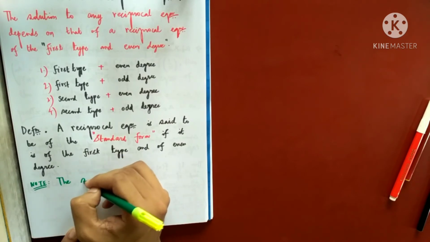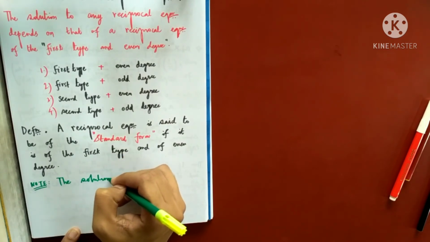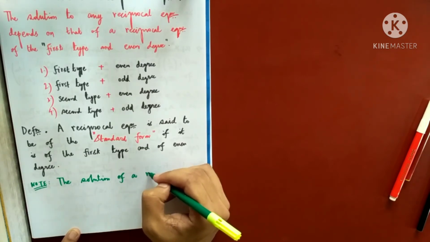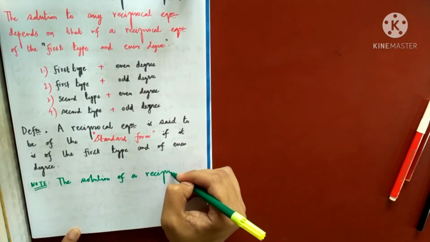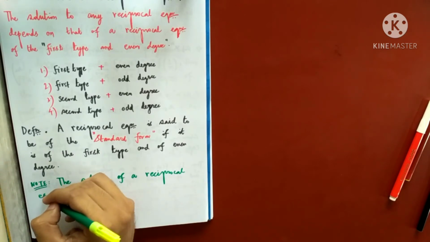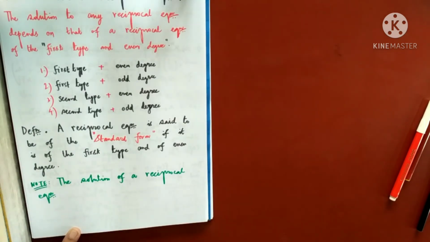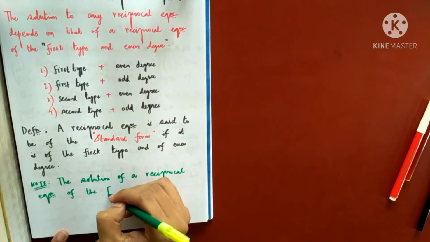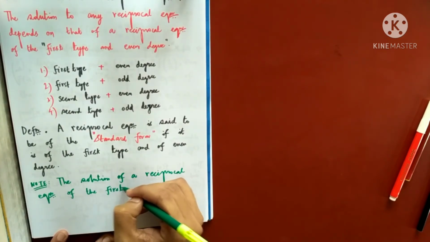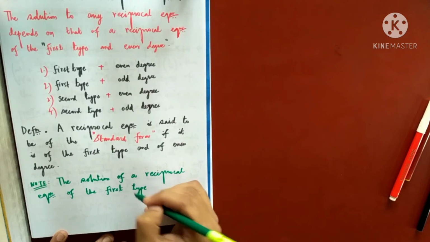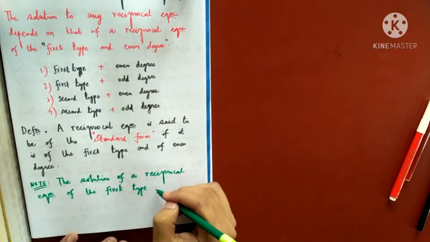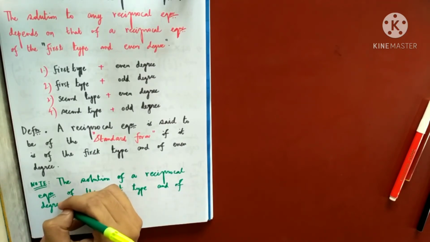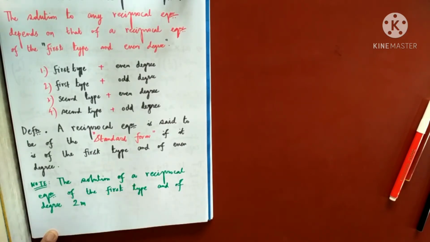The solution of a reciprocal equation of the first type and of degree n, so the degree is even, so it will be of the form 2m, right?